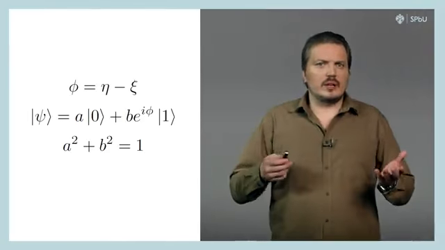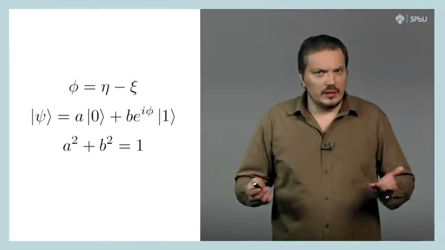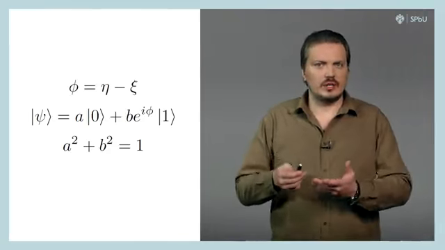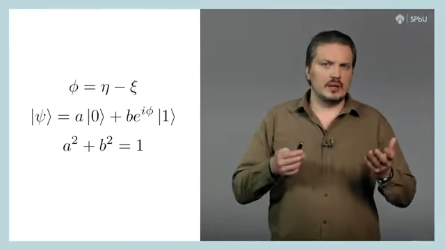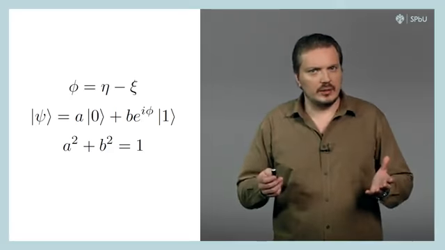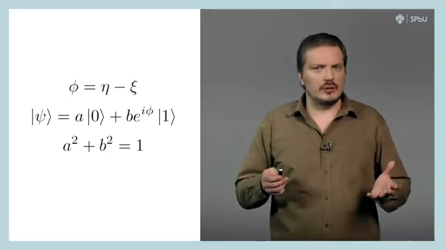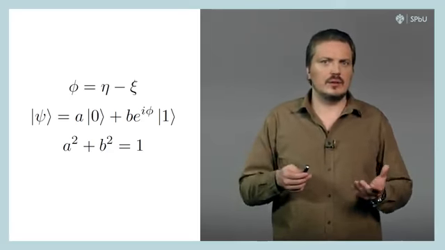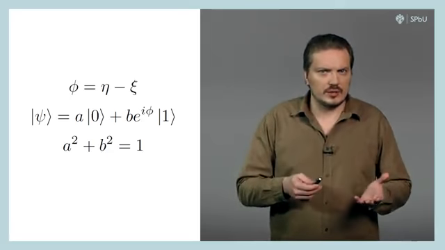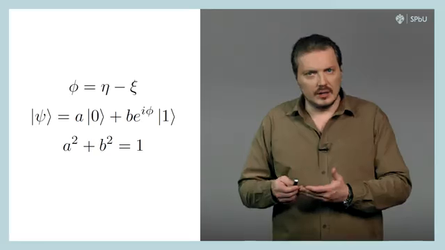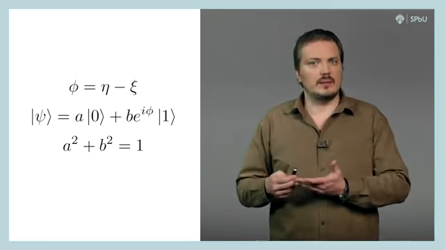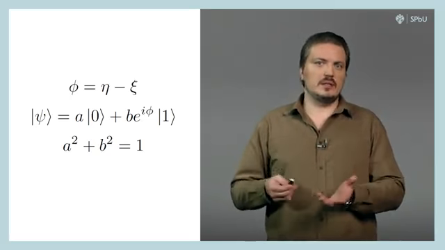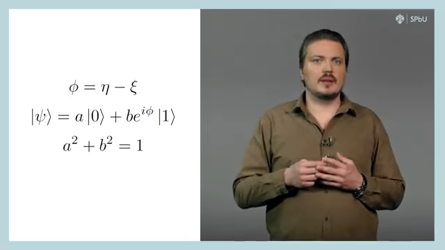Now, with the introduction of this relative phase shift phi, we have the following expression for the state psi. Both the numbers a and b are real, and they are the modulus of the original decomposition coefficients, alpha and beta. So we remember that the sum of their squares is 1, because the state psi is a normalized state.